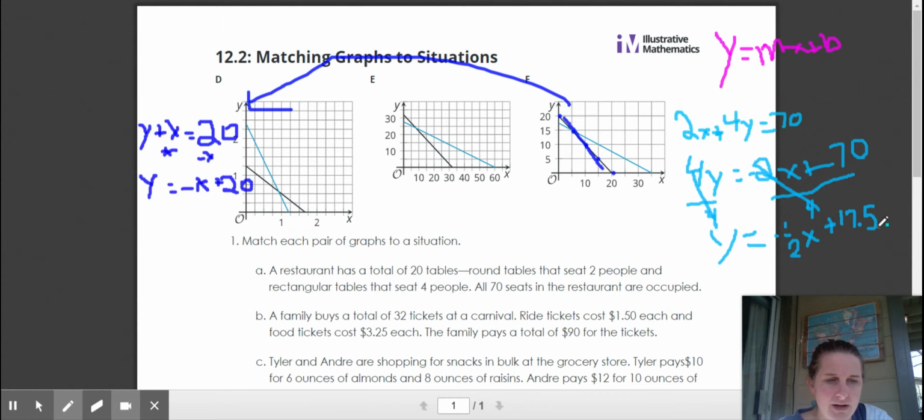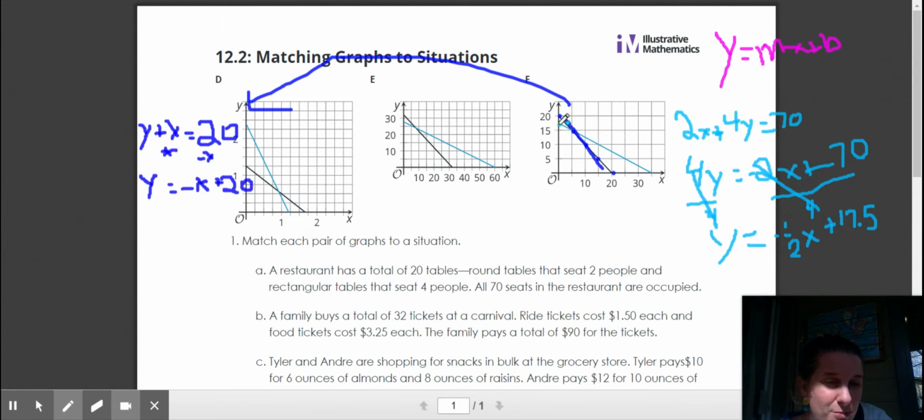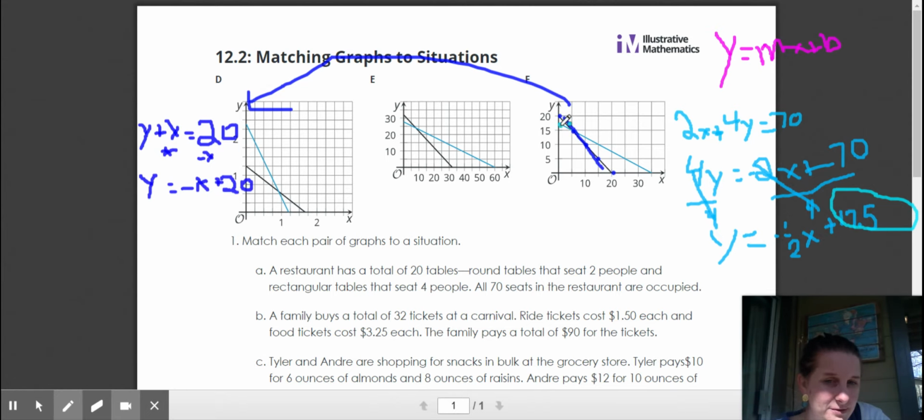So we've got negative 1/2 x plus 17.5. Well, it's difficult to tell, but really that's pretty close to 17.5, our y-intercept, and it's going down by 1/2 each time. So this line matches this. So then we know right here that for A, the one that matches is letter F.